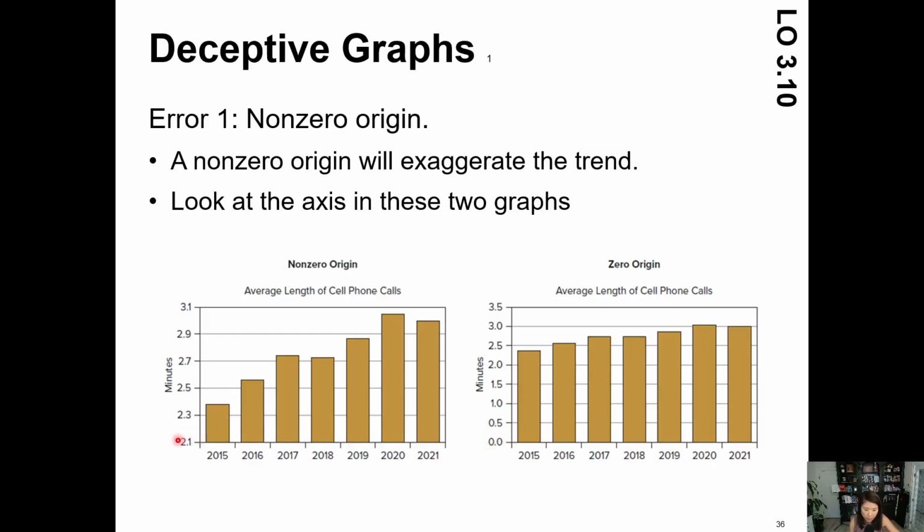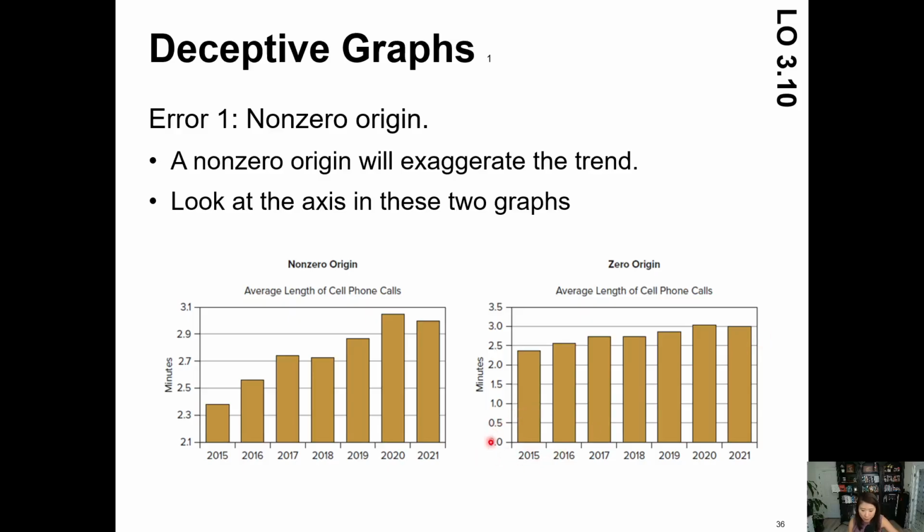Based on the first bar chart, you will feel, oh, there is a big increase in the minutes, the length of the cell phone calls, right? You can see the differences between bars very obviously. However, if you actually include the 0, your origin, in your chart, you will notice that the change is not that obvious.